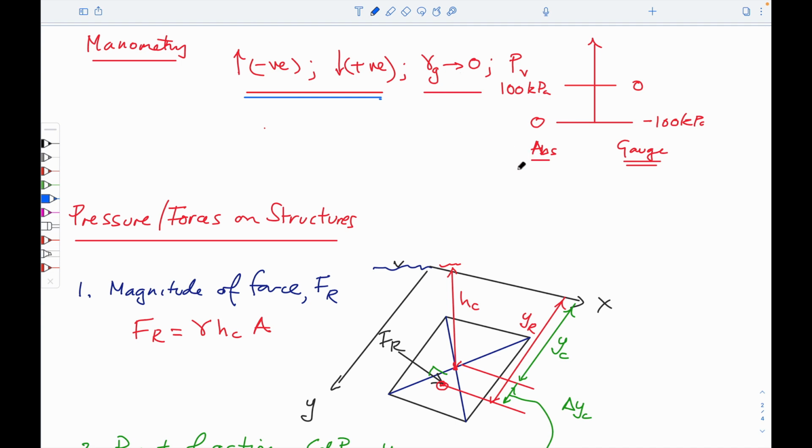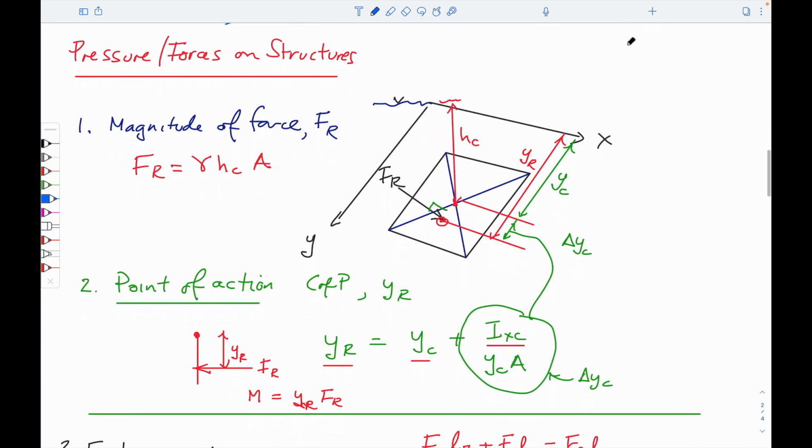And I guess we have to be mindful of absolute pressures and gauge pressures, mainly because vapor pressures are typically defined in terms of absolute pressures. But as I said, I think there is no manometry question in the things we're talking about.